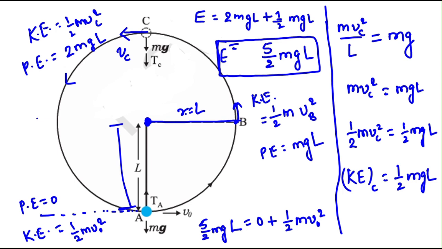How? It is like a body projected horizontally in a gravitational field, and then it will move downward like in the opposite way here. So here, let's say this is the bob, and it has velocity v_c, and there is no string here, so it will come down like a projectile.